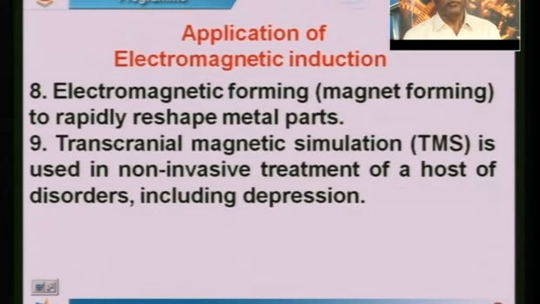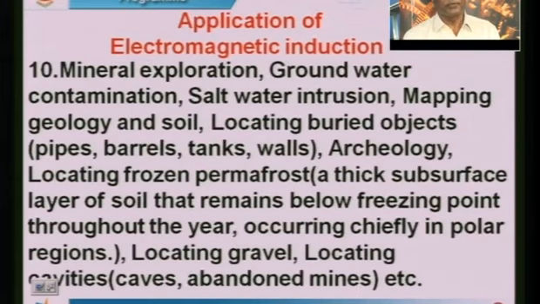Then electromagnetic forming, that is nothing but magnetic forming to rapidly reshape metal parts. And transcranial magnetic stimulation, that is TMS, is used in non-invasive treatment of a host of disorders including depression.